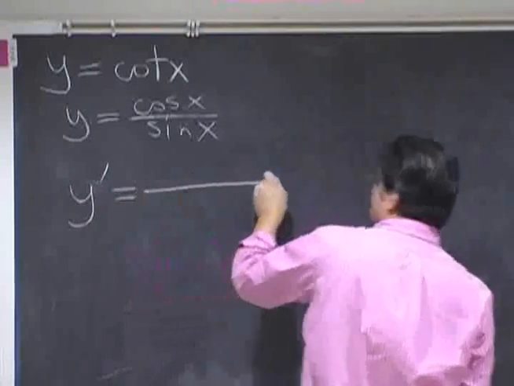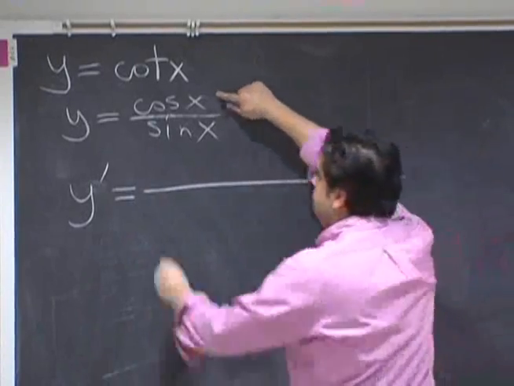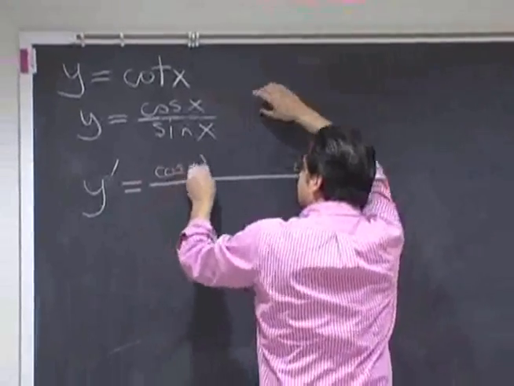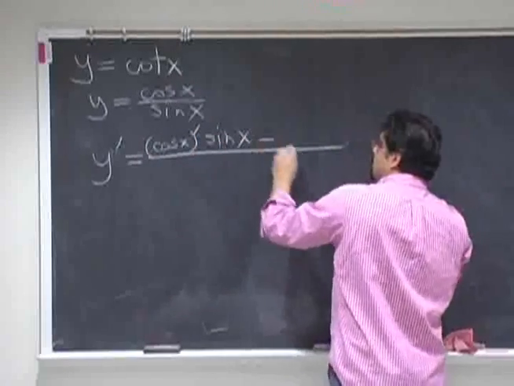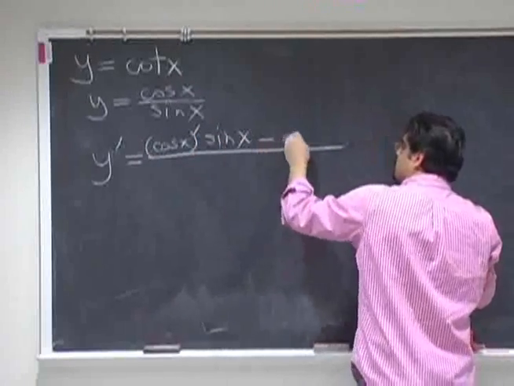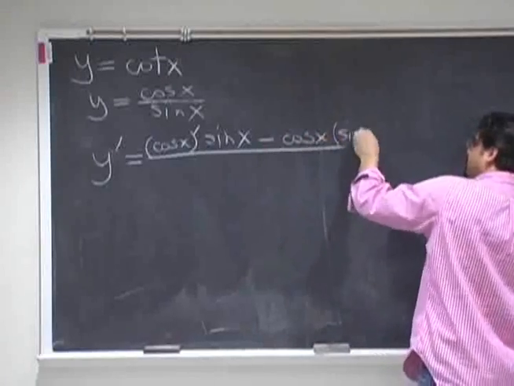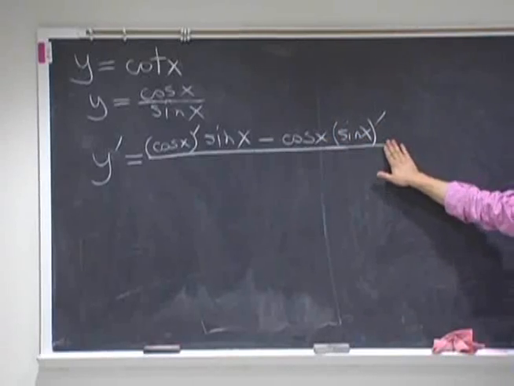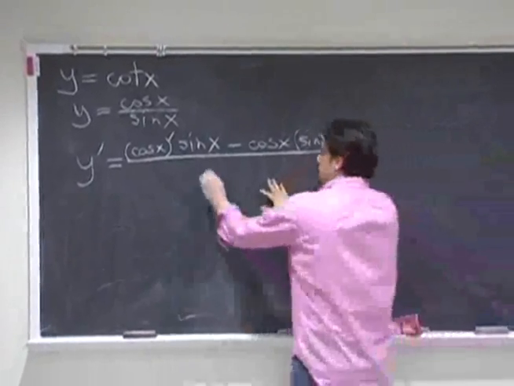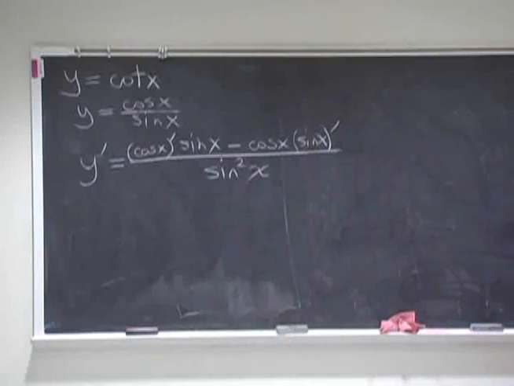So I'll just write down the quotient rule now. The quotient rule says the top prime times the denominator minus the top times the denominator prime. Right? Is that clear? Over the denominator squared. Sine squared x.